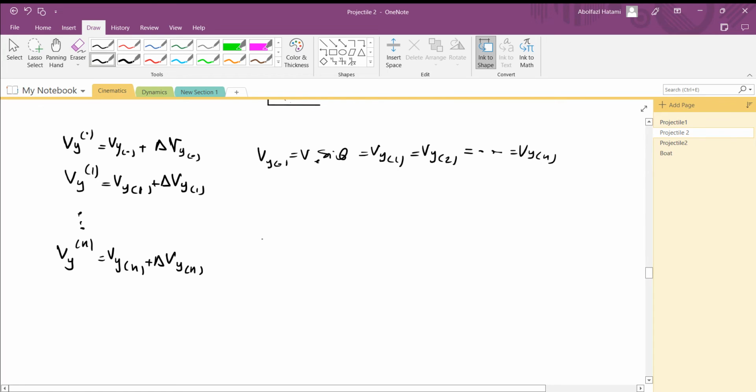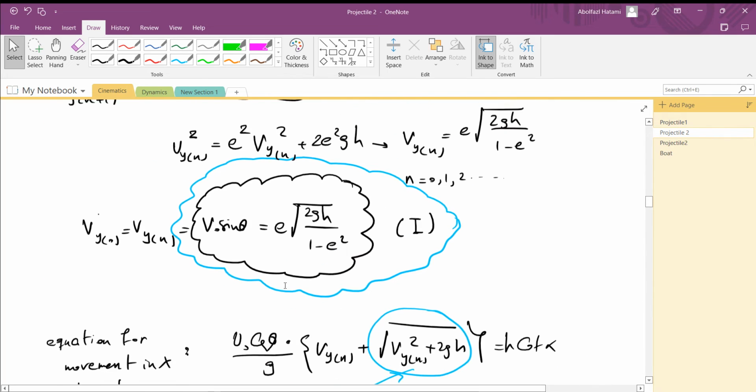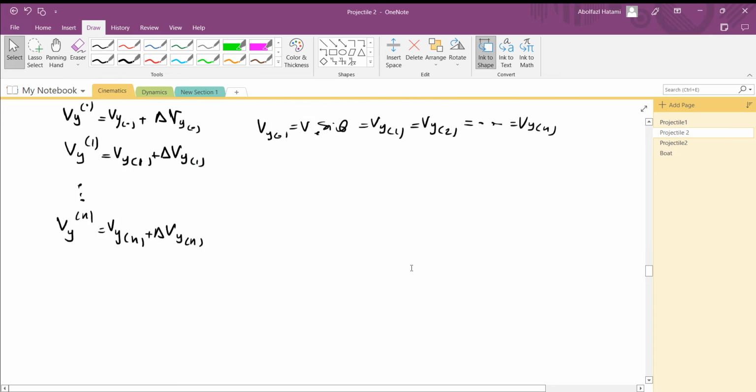But how can we obtain that? How does it change? We can use this equation, which we found here. So let me paste it here.